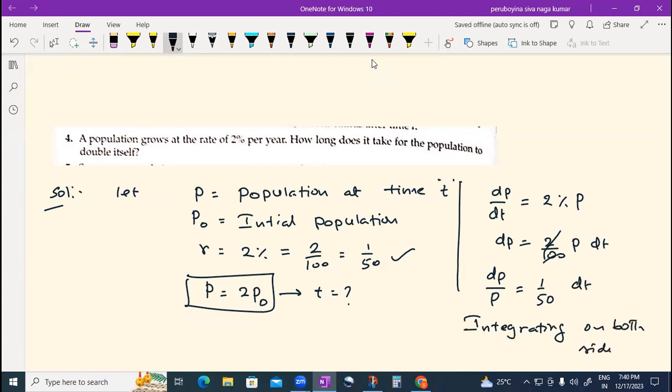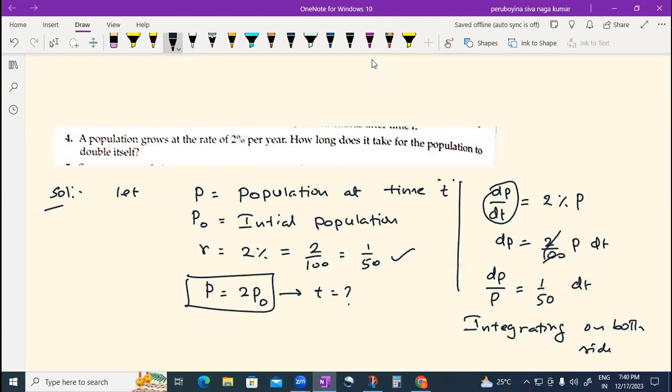Again, P is the population at time T, P naught is the initial population, and R is the rate of change of the population, 2% per annum. It should be doubled at what time? That is the question. The population grows at the rate of 2% per year, so population rate means dP by dt, which is 2% of the actual population.